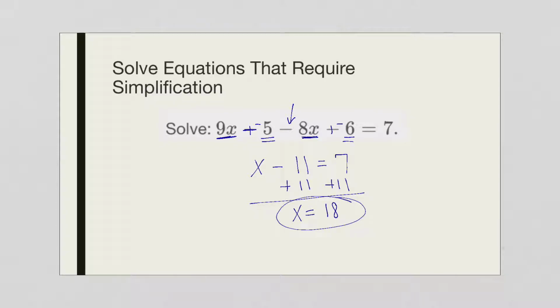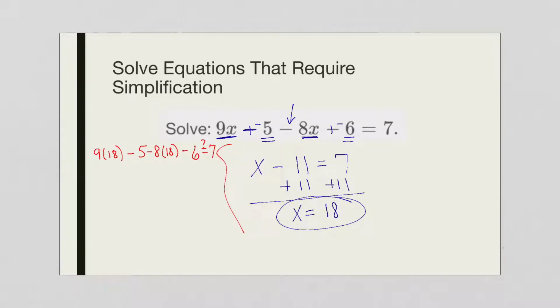There's our solution. Now if we want to check our work, I would put 18 everywhere that I see x. 9 times 18 minus 5. I always go back to my original problem. 8 times 18 plus, oops, nope, that's not a plus in the original problem, is it? That's a minus. Minus 6 equals 7. Now I'm going to type in the entire left-hand side at one time.